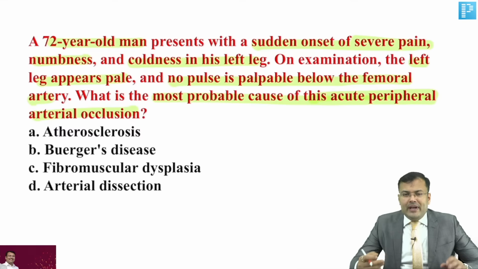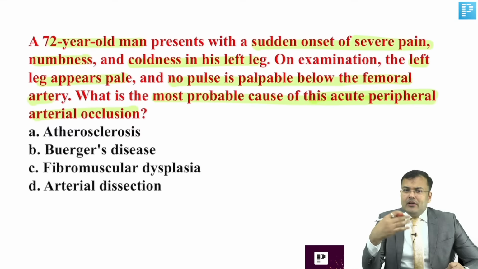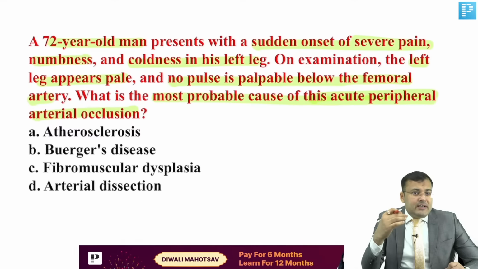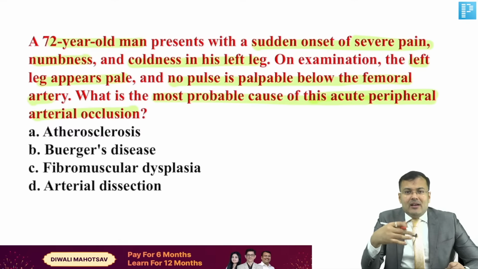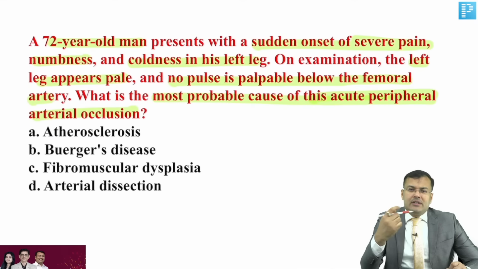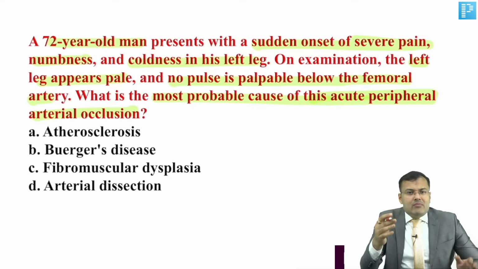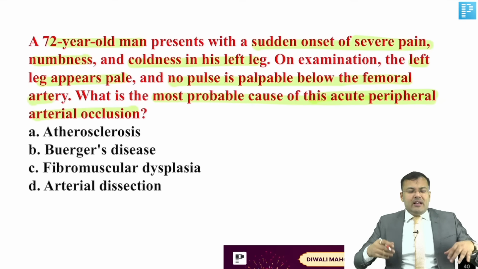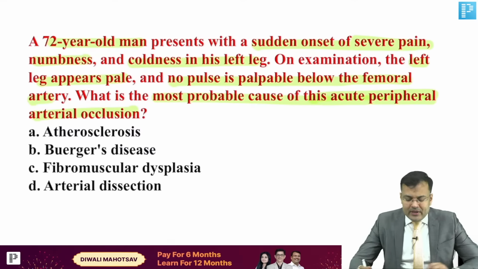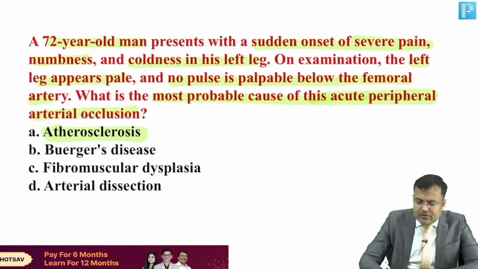Peripheral arterial occlusion, most common cause atherosclerosis. Most common degenerative disorder of vessel, atherosclerosis. Most common cause of subclavian artery stenosis, atherosclerosis, and most common cause of extracranial aneurysm or abdominal aortic aneurysm, atherosclerosis. So, here the patient is having atherosclerosis.